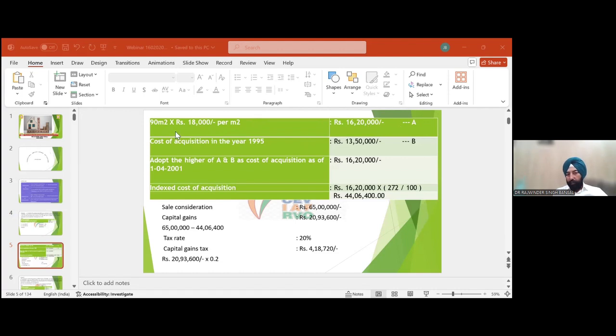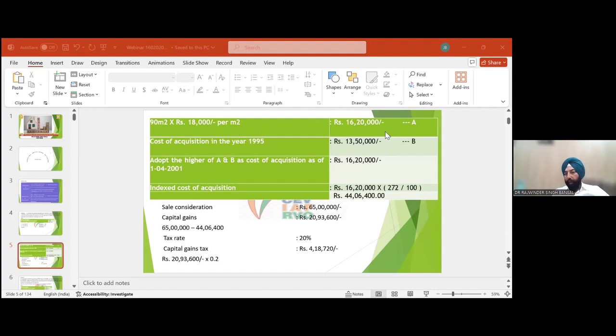This is the cost as on 2001 from the market point of view. But the cost of acquisition in 1995 is 13 lakh 50,000. You have to take the higher of the two, cost of acquisition or fair market value.